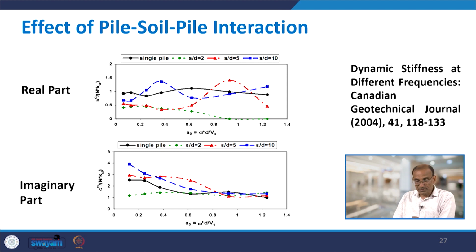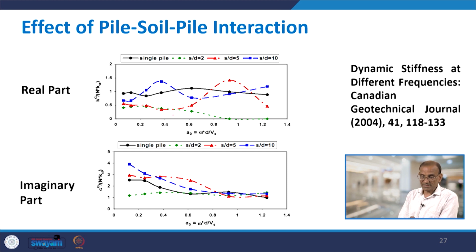The single pile response is more or less flat, almost near 1, even for the damping case. But as you increase the number of piles, it depends on the spacing between piles. The black line was for the single pile, and the other 3 are for the 2 by 2 pile group with varying spacing.